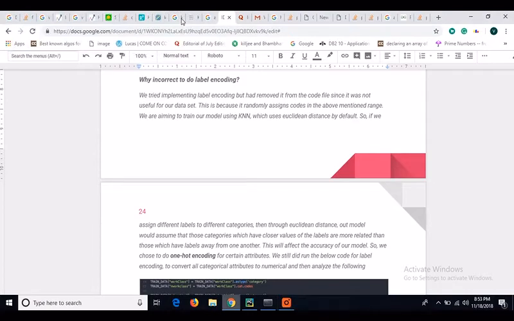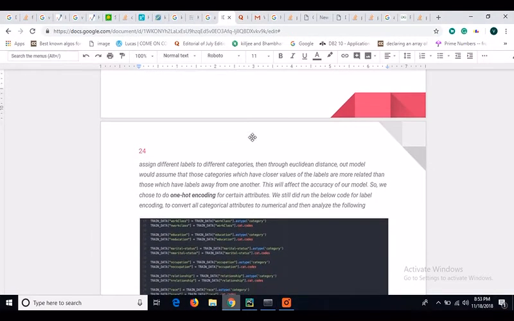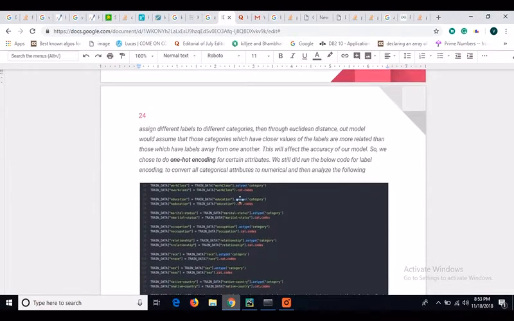Since label encoding is not a suitable method for our kind of data set, we move on to one-hot encoding. One-hot encoding also converts categorical attributes to numerical attributes, but it increases the number of attributes by creating a new column for each unique category that a categorical attribute consists of.